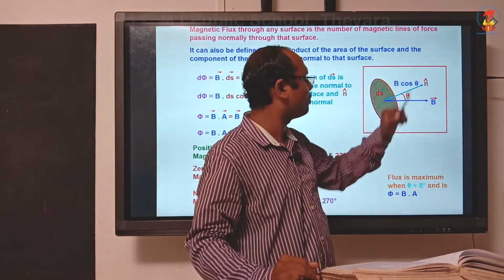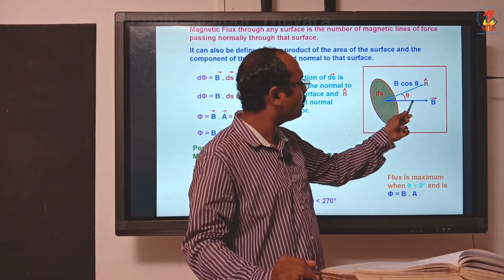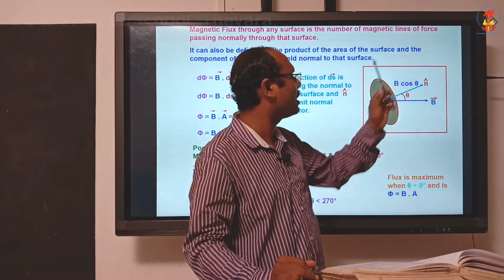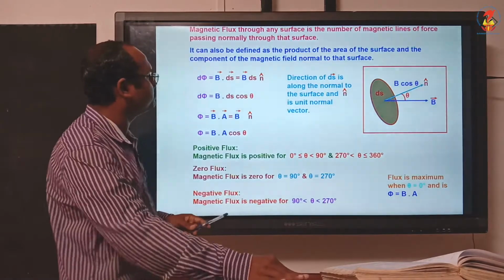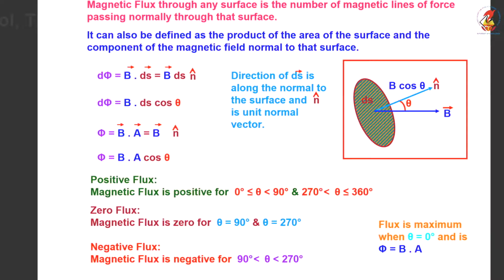The resolved component of B along the normal is marked as B cos theta. Now look at the equation. Flux due to a small surface is d phi equal to integral B dot dS, which can be written as B dS cos theta. So flux passing through any small surface is given by d phi equal to B dS cos theta.